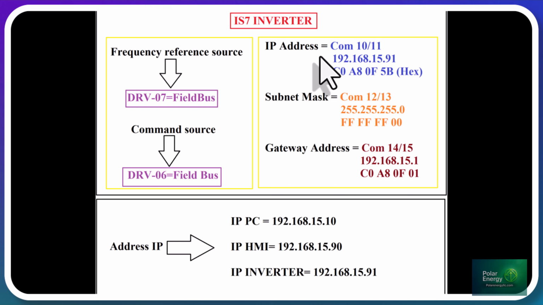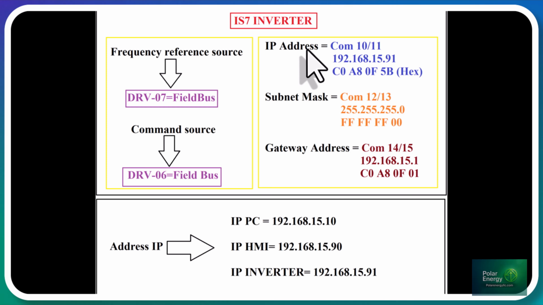If you install the Modbus TCP option card on the equipment, connect the option card to the inverter. A new group will open up for you. Some parameters will be added in the COM group where you can set the device's IP.